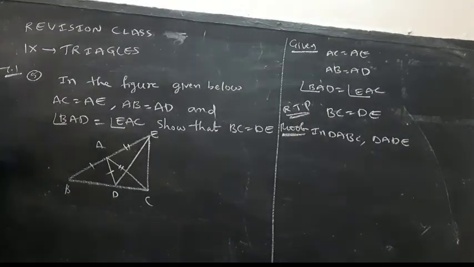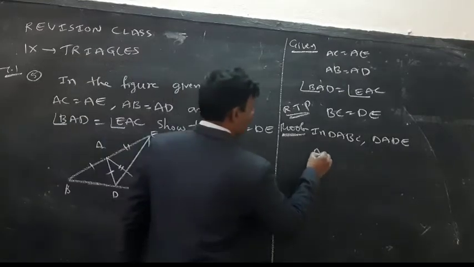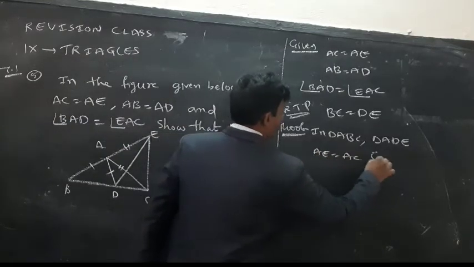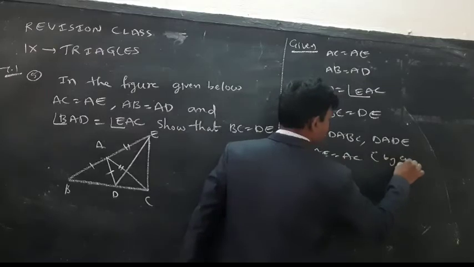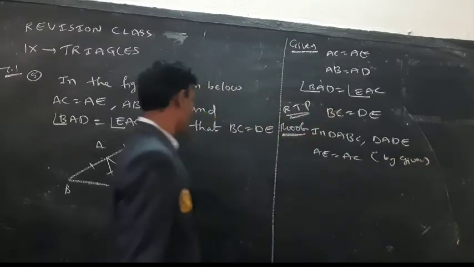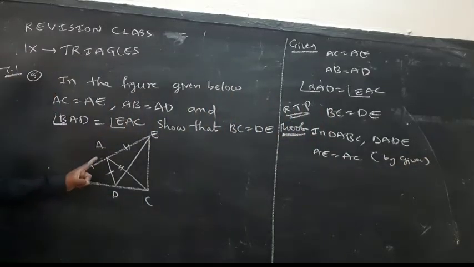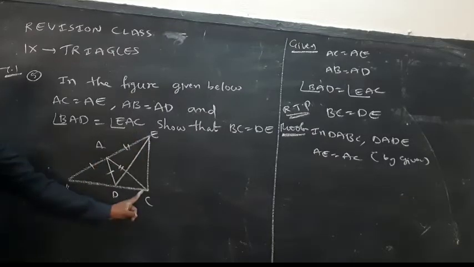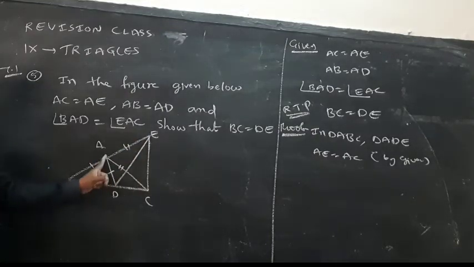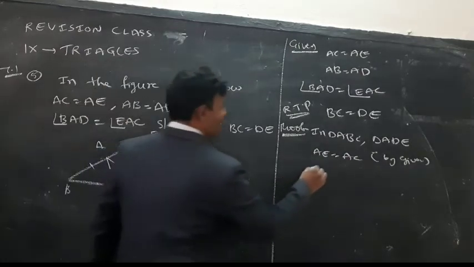If you compare the two triangles, the length of AE and the length of AC both are equal. AE is equal to AC. Why? Given. Similarly, the length of AB and the length of AD both are equal.